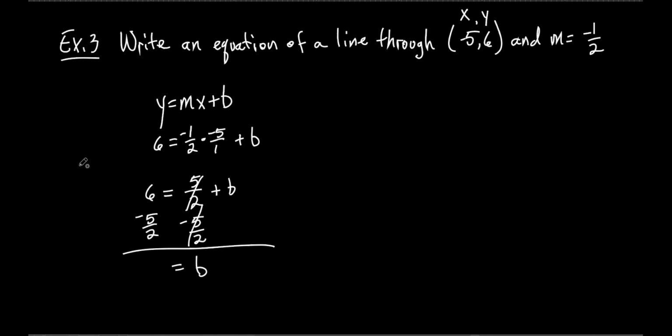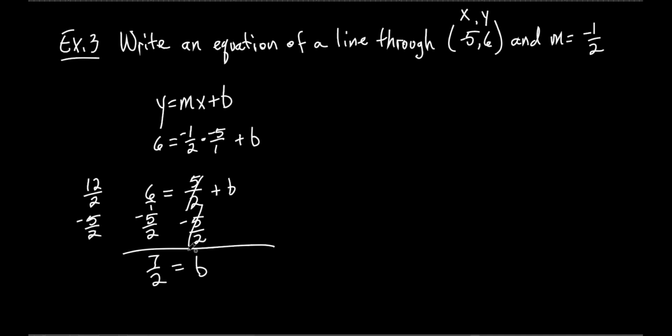Well, we're going to change 6 to what? Well, technically, but we want a common denominator. So I'm going to make it 12 over 2. Everybody see that? We made that 6 into 12 over 2 minus 5 over 2. And then we subtract, and we get 7 over 2. Good. So that's our y-intercept.